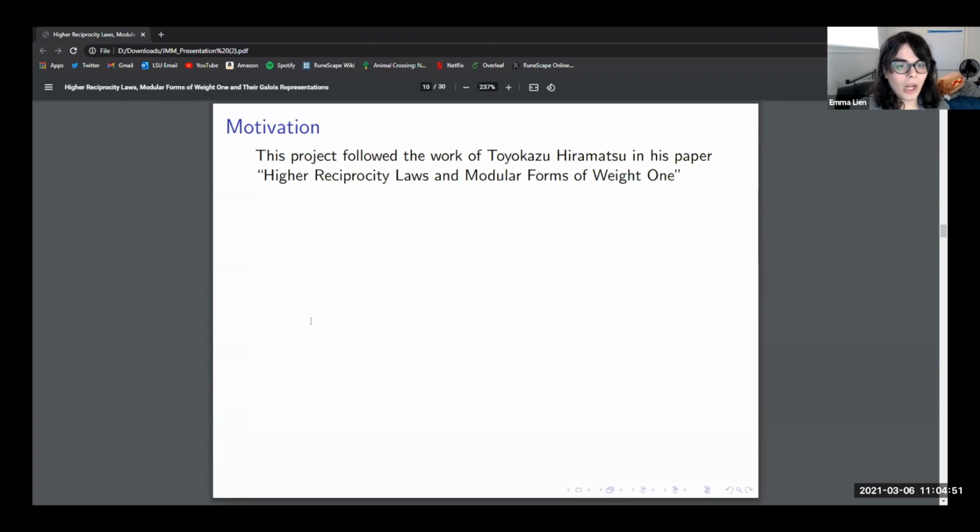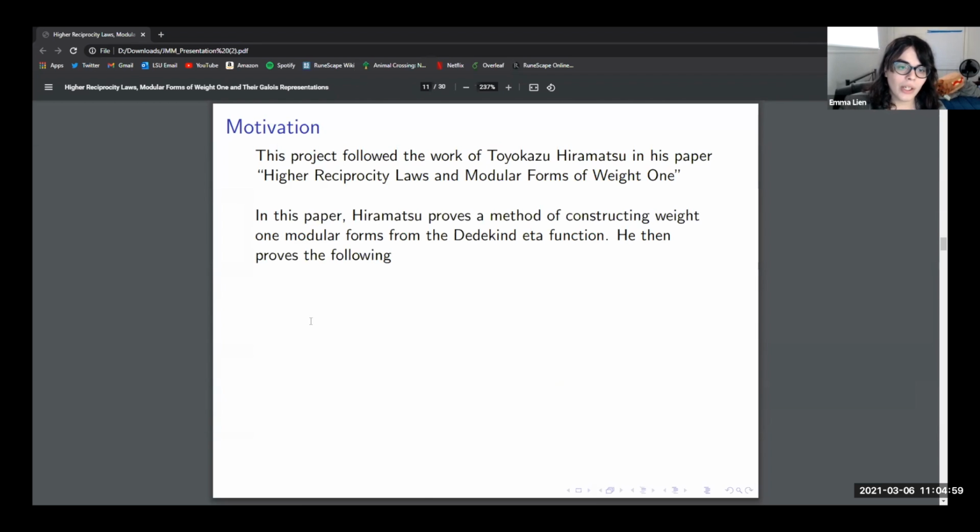So this project follows the work of Toyokazu Hiramatsu in his paper, Higher Reciprocity Laws and Modular Forms of Weight 1. So in this paper, he works with a specific kind of product of Dedekind eta functions. And he shows that this particular class of eta products actually form weight one modular forms.